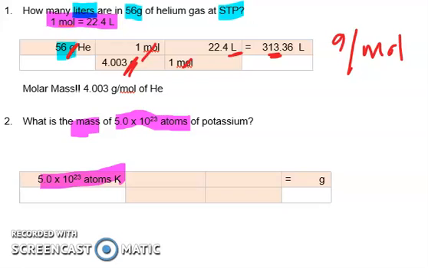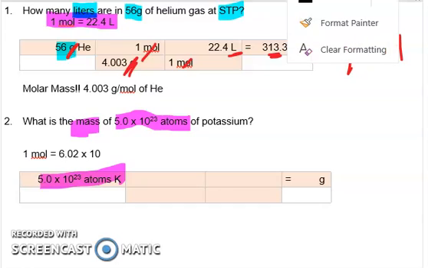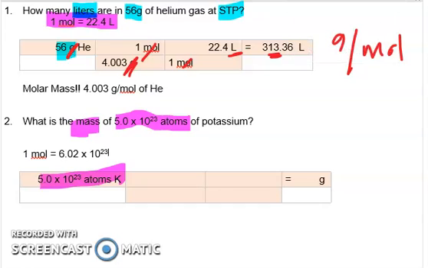I know that one of my conversions is that for every 1 mole, I have 6.02 times 10 to the 23rd atoms. I know that this conversion is the only one that has atoms in it, so I'm going to use it. So I know that I need to put atoms at the bottom to cancel out my atoms at the top, and that means that moles have to go at the top.